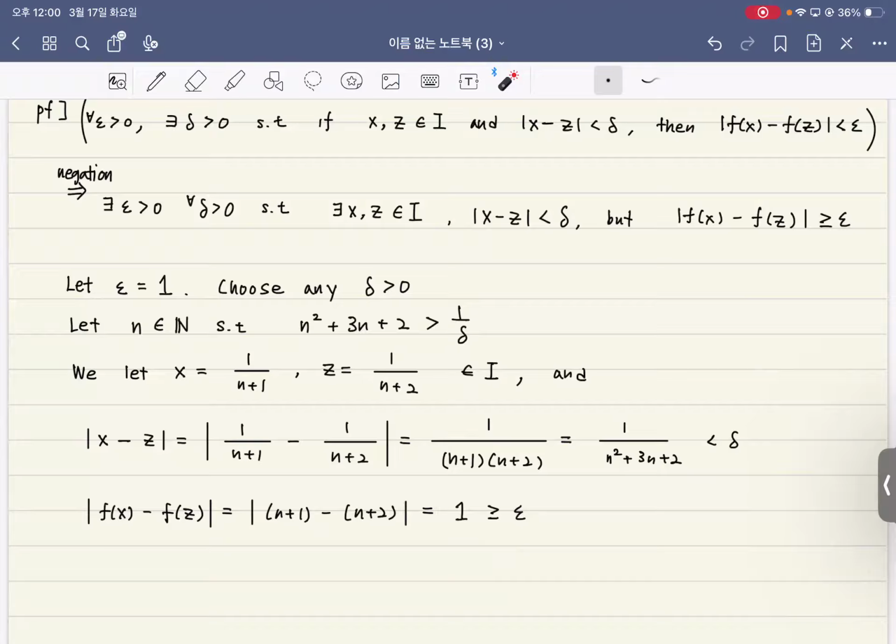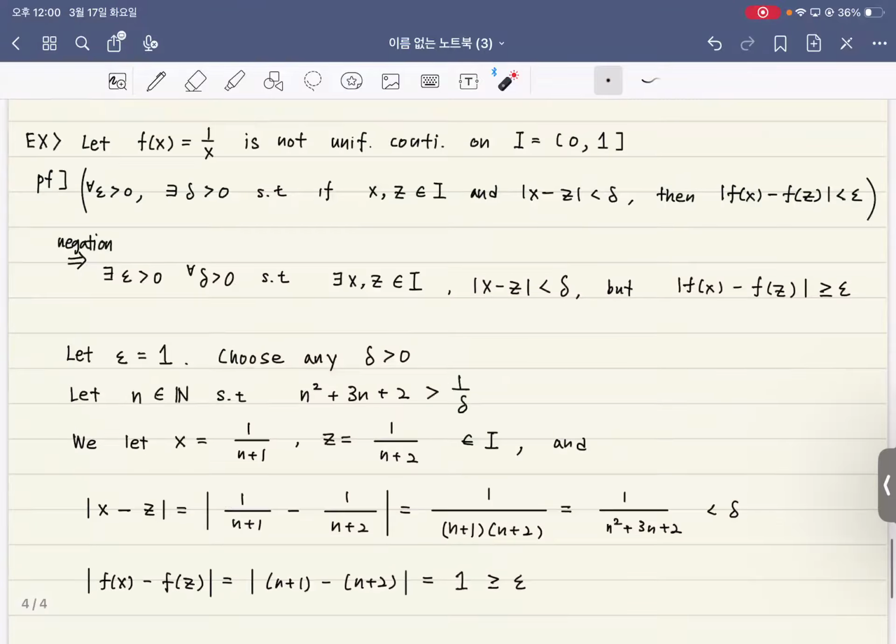Even though f of x equals 1 over x is continuous at every single point on this interval, it fails to be uniformly continuous.